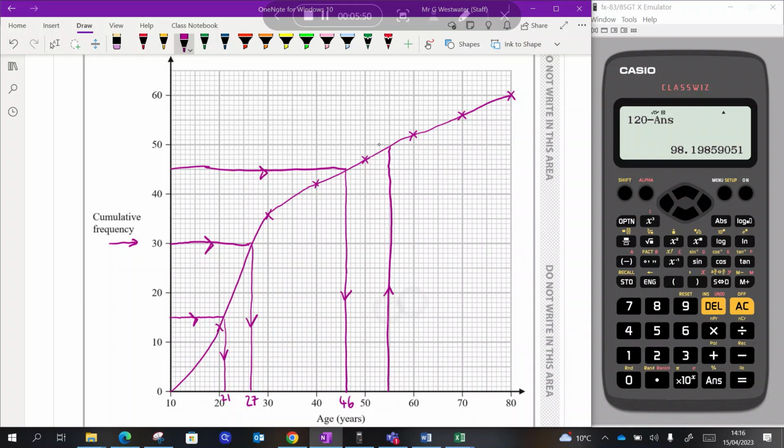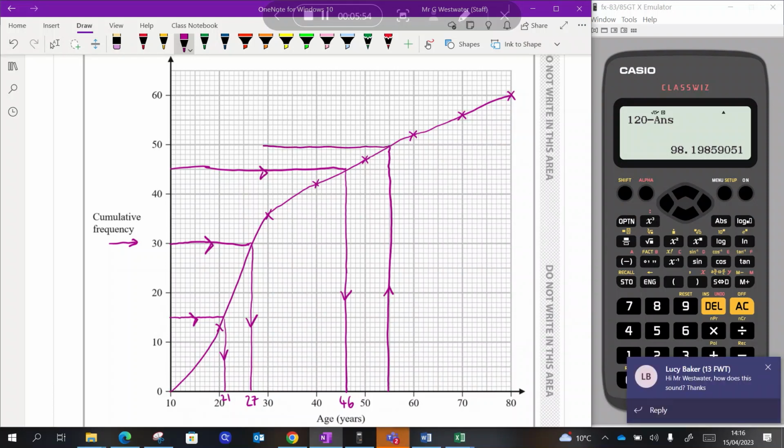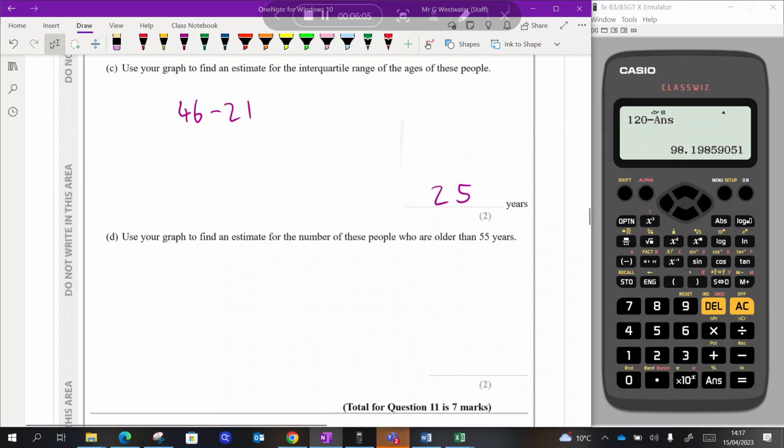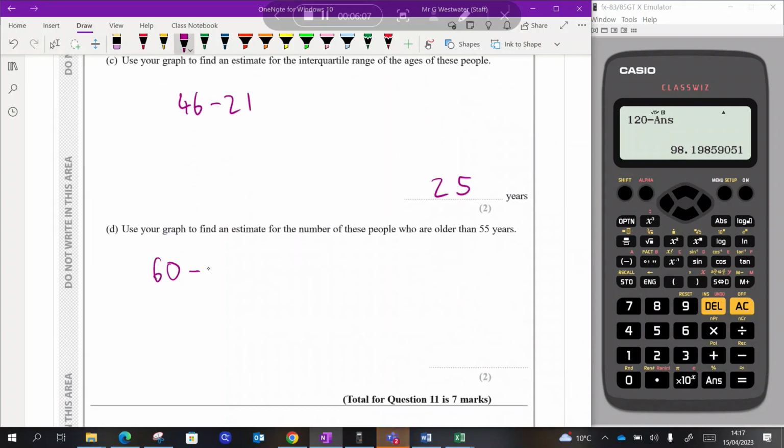And that looks to me to be around about 50, 49 sort of thing. So I'm going to just say this is 50. So 60 minus 50, because we're looking for older than 55, leaves me 10. But I think anything 10 or 11 would give you a correct answer here.